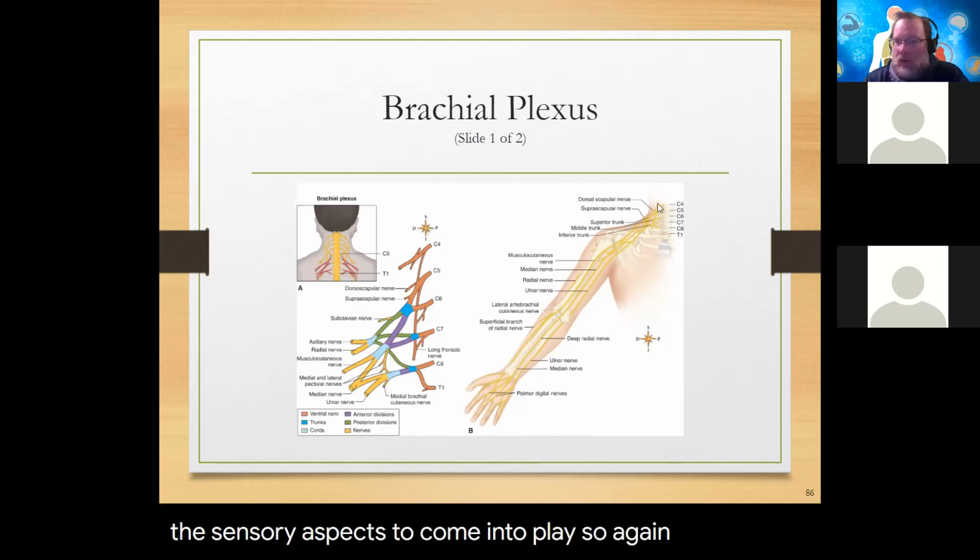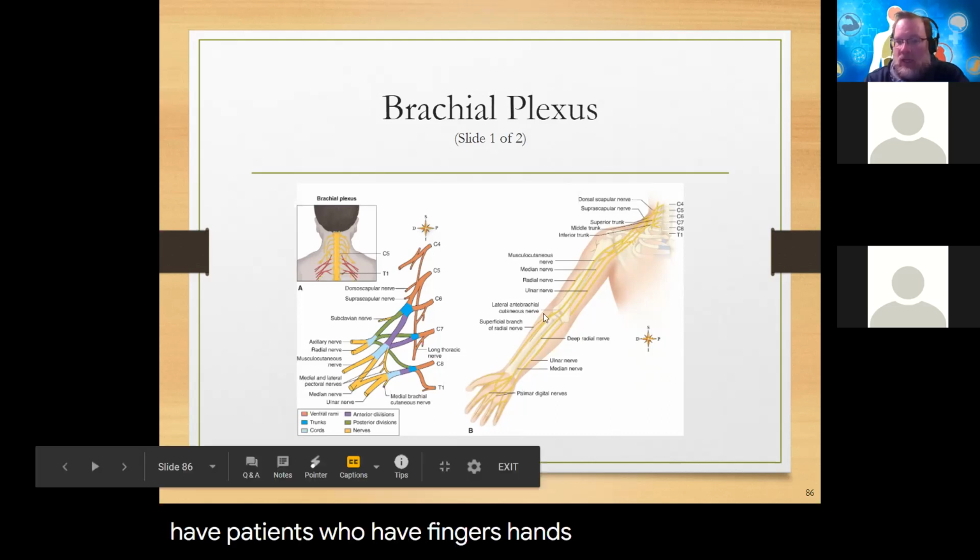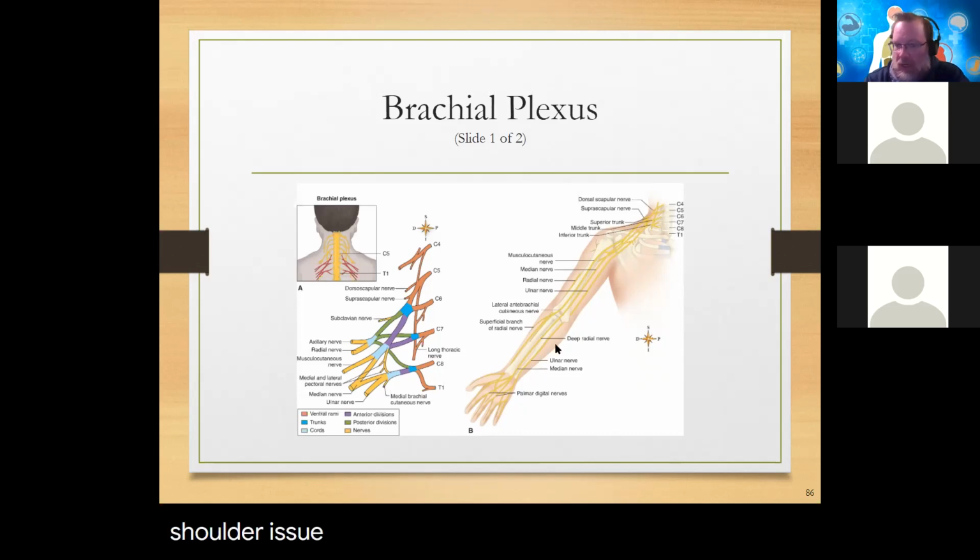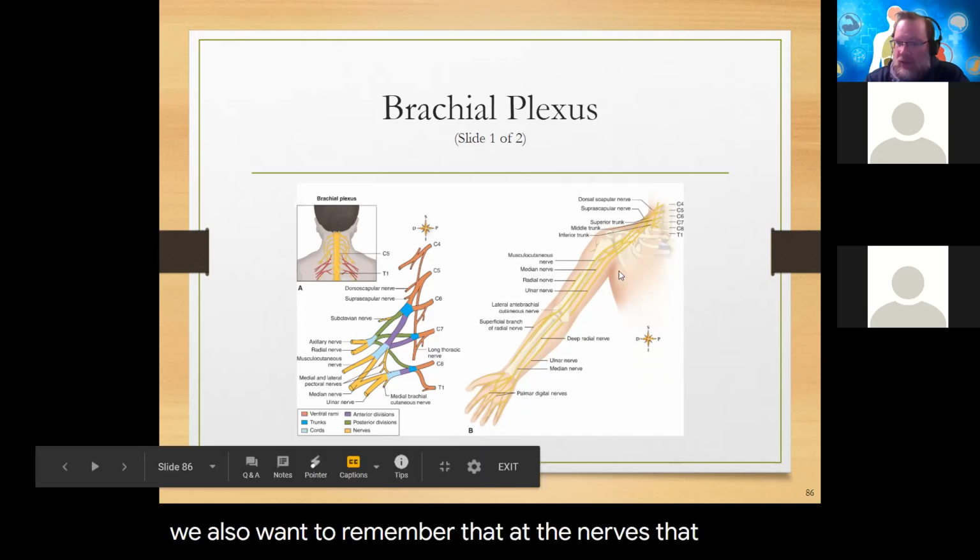So again, when we have patients who have fingers, hands, wrists, elbows, shoulder issues, we're certainly going to be looking at those areas, but we also want to remember that the nerves that feed those areas are coming from the lower cervical vertebrae.